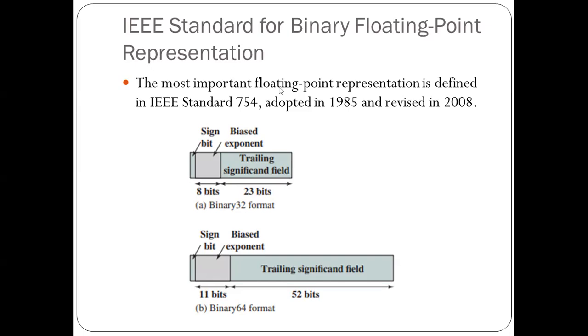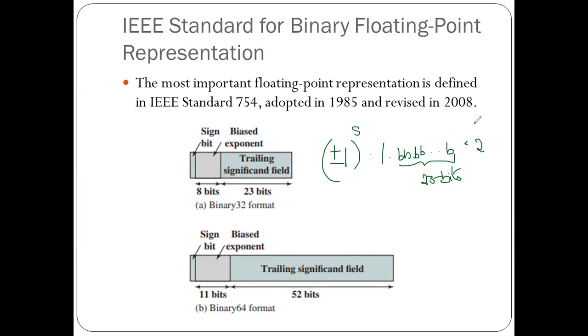So any number is represented as plus or minus, based on the sign component: plus or minus 1 dot, the significand field, which is 23 bits, into 2 power. Here we are representing binary, so the base is 2.